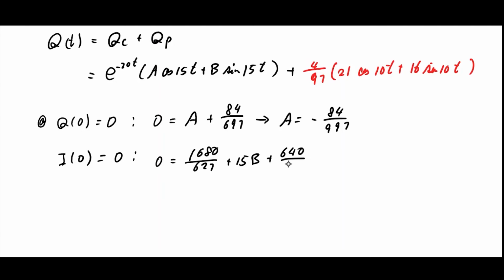I'm totally doing this in my head. And B will turn out to be negative 464 over, oh my god. I'll just copy and paste the final answer into the notes because this is too horrible.